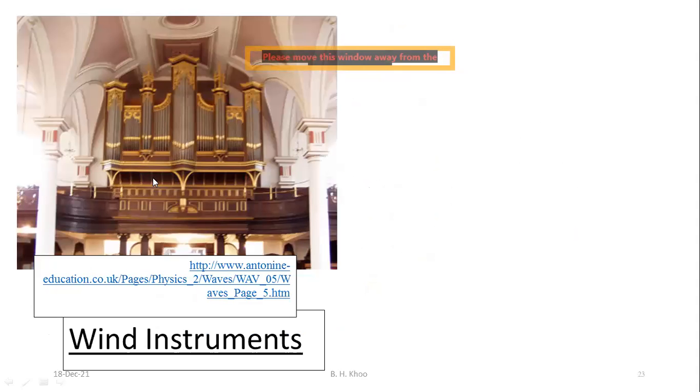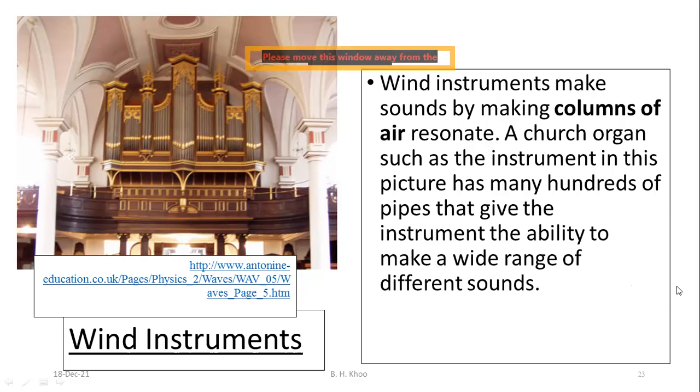Now we can see this in some church or some hall, especially for music concerts. You will see this type of tube there. Wind instruments make sound by making the columns of air resonate. We use the word resonate because each tube of a particular length will produce sound when a fixed frequency is sent into it, not other frequencies.